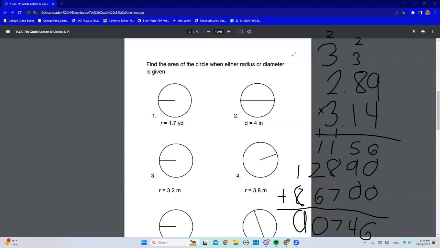So this is if you're just calculating this by hand. But your final answer should be the area of the circle, which is 9.0746. And since it's an area, it's yards squared. This is because you square r in the formula.